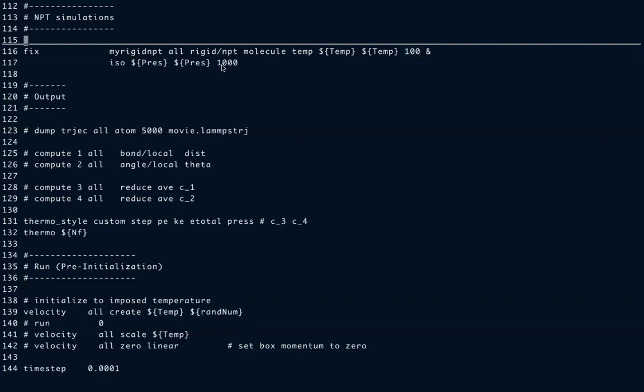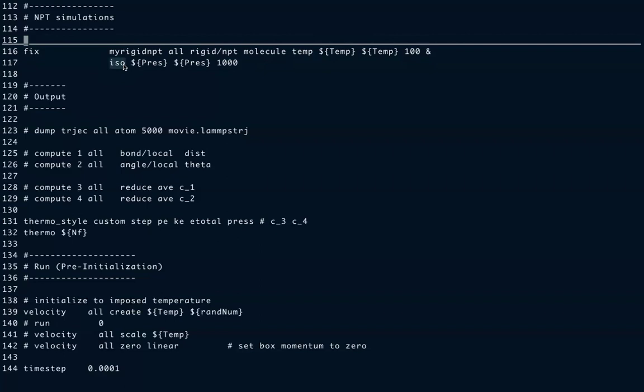And similarly for pressure, you're specifying how often it should rescale the box size so as to obtain the desired target pressure. You also specify the frequency at which you do this. The details are given in the LAMMPS documentation, but this is more or less the basic idea.